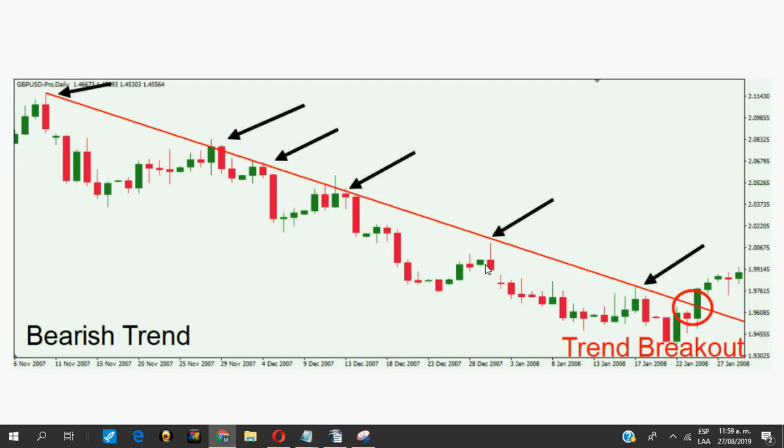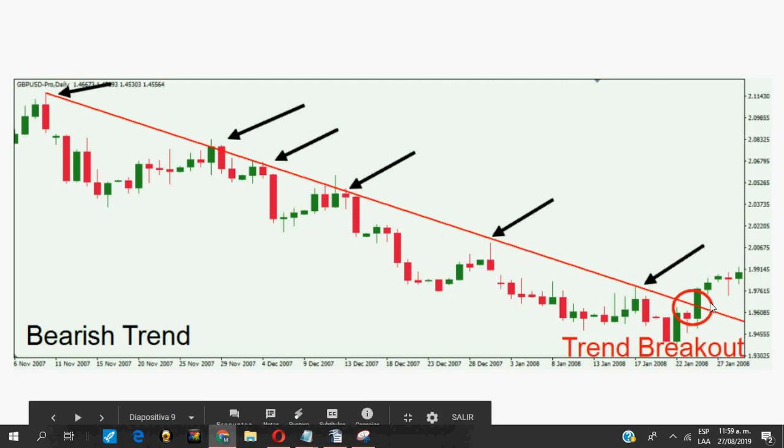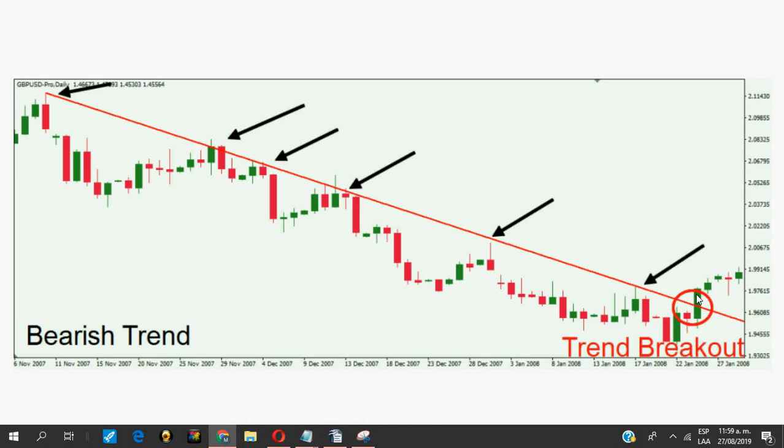It's marked here in a red circle. The price closes a candle above the bearish trend line, implying that the trend is broken and the pound-dollar price direction is likely reversing, as you can see here.